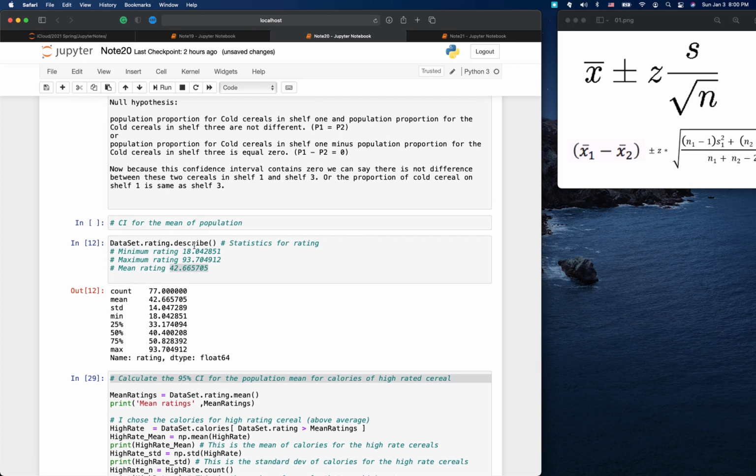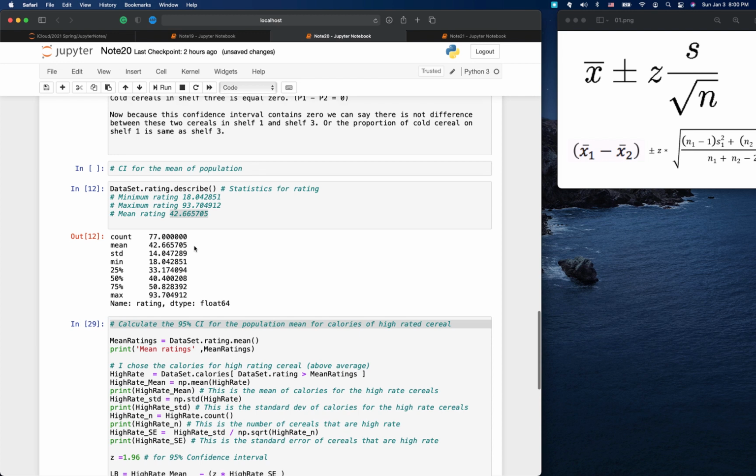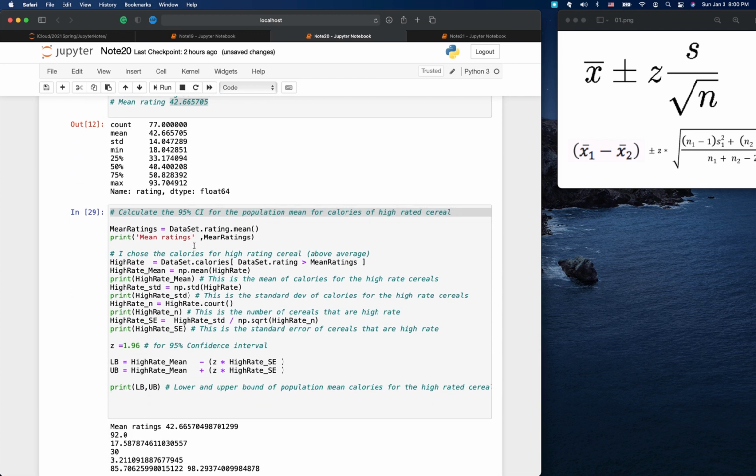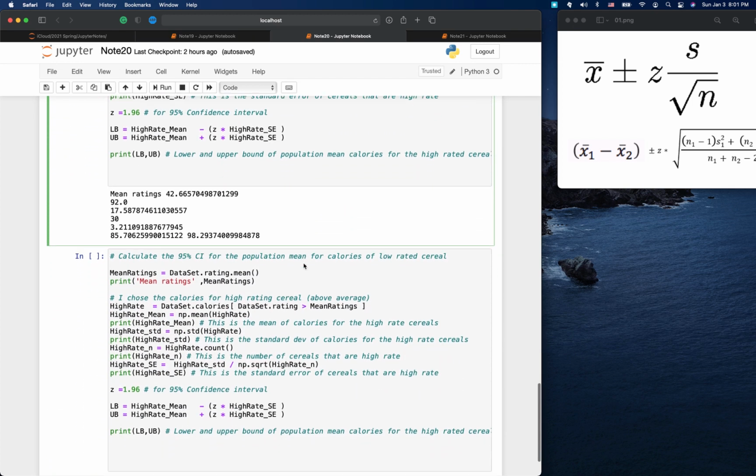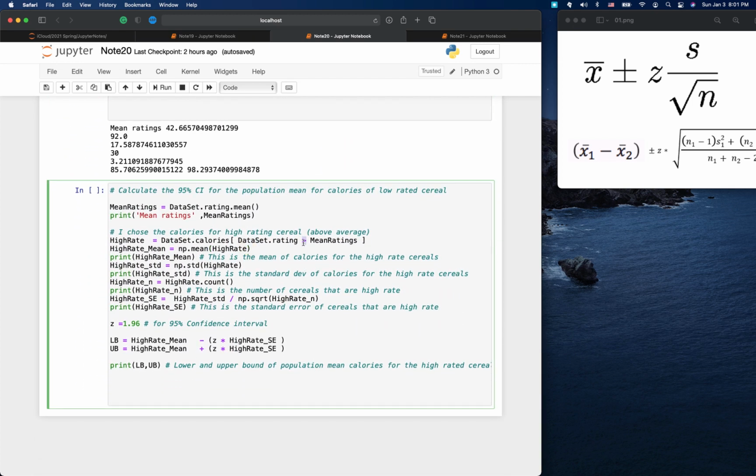So how did I separate the high rated cereal? I had the mean rating, and the high rated cereal was all the calories for cereal that has a rating above the mean rating. Here I'm going to say less than or equal to, right? And instead of above, I'm going to say below average.